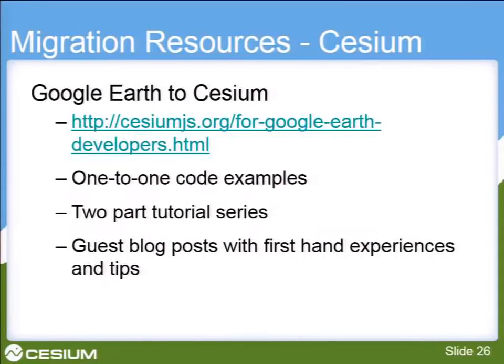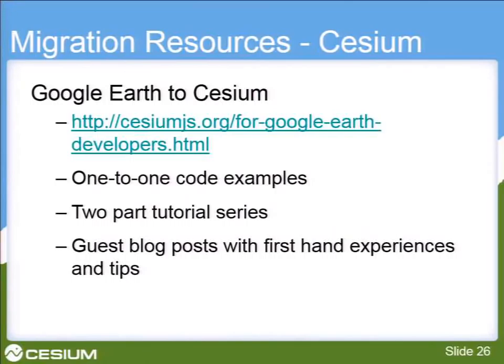Additionally, we created an entire section of our website dedicated to migrating from Google Earth to Cesium. Especially after Google Earth announced their deprecation, and we saw this massive influx of people, we wanted to point them to a direct resource that is geared towards their experience. This includes some one-to-one code samples, so it'll show you how we can do it with Cesium versus the code that the Google API used to do the same thing.